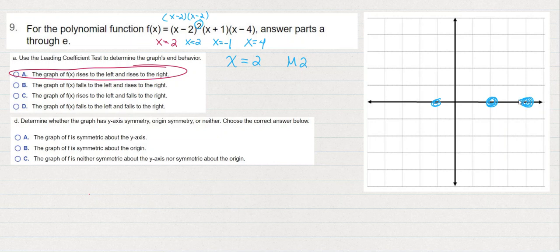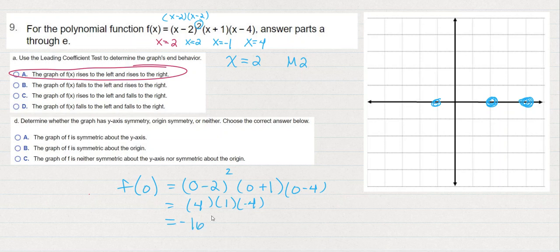And then the y-intercept, if I let x equals 0, I'd have 0 minus 2 squared, 0 plus 1, and 0 minus 4. So negative 2 squared would give us 4 times 1 times negative 4, or negative 16.